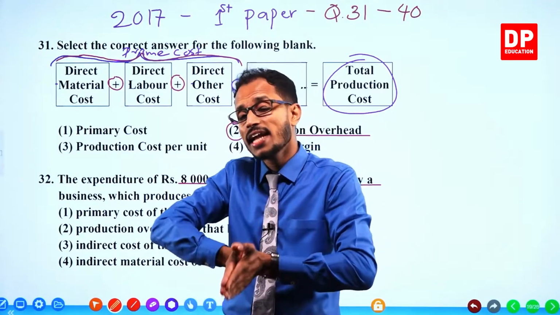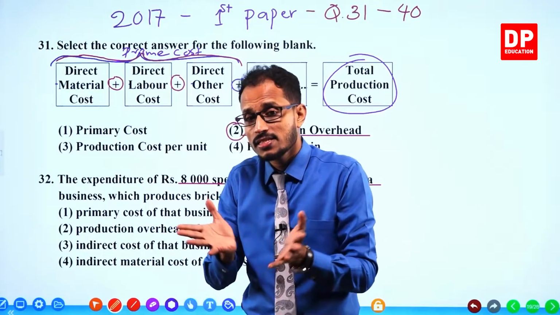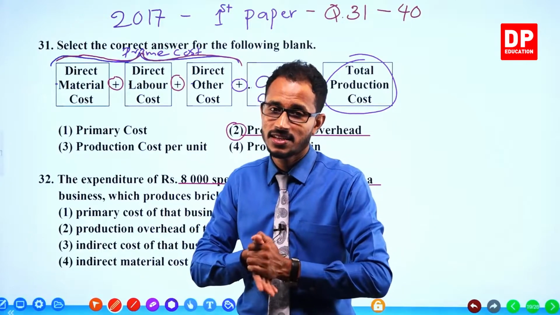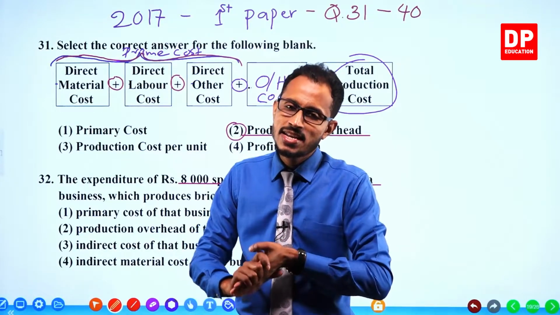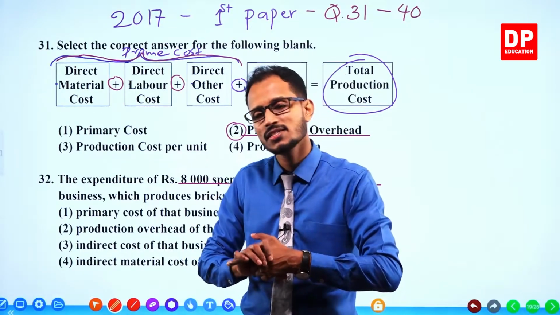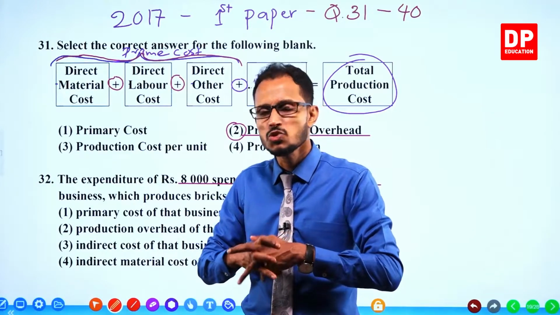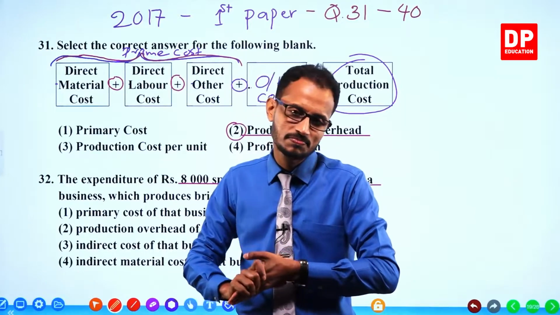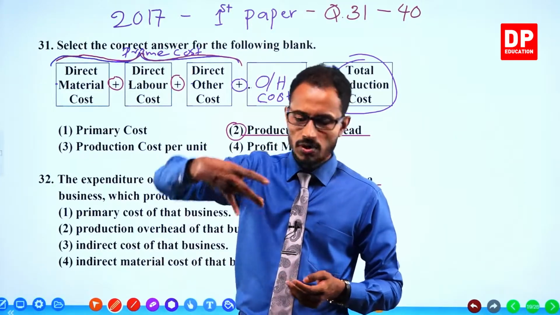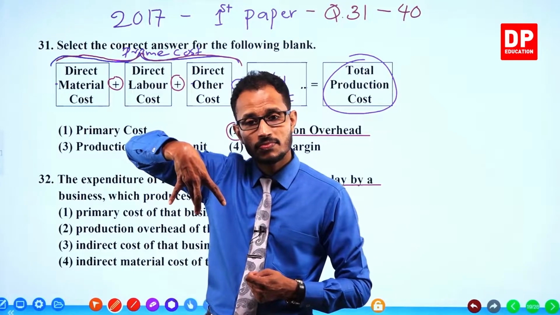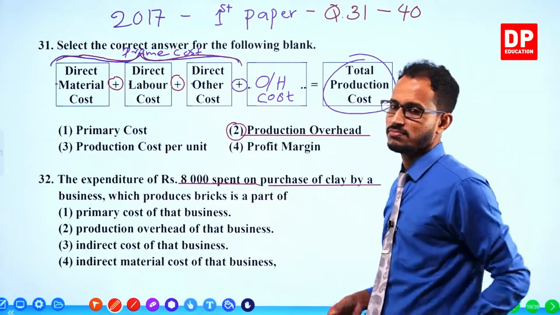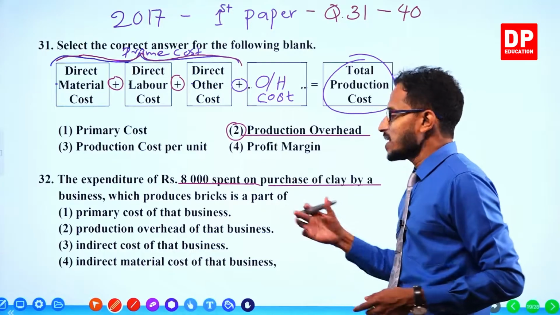And we know that direct materials are the main materials which are used for the production of the good. Main material is called the direct material. So when producing clay bricks, what is the main material? Clay. Then clay is the direct material.